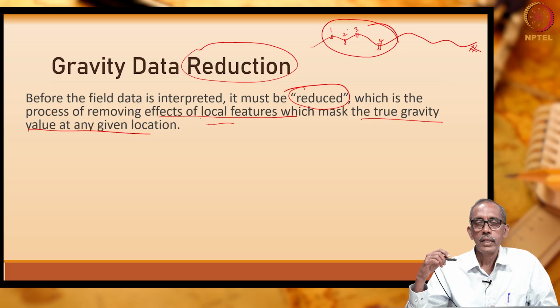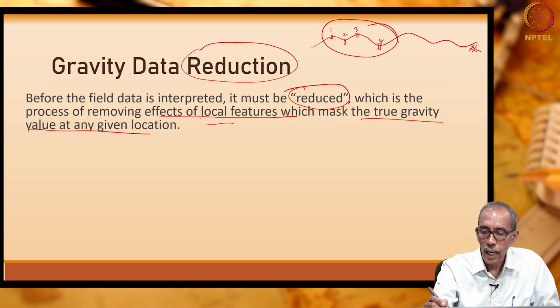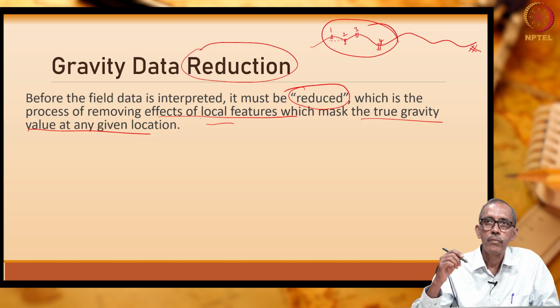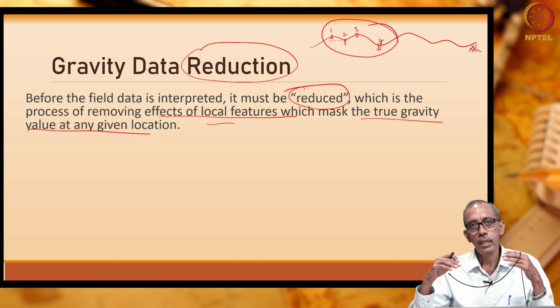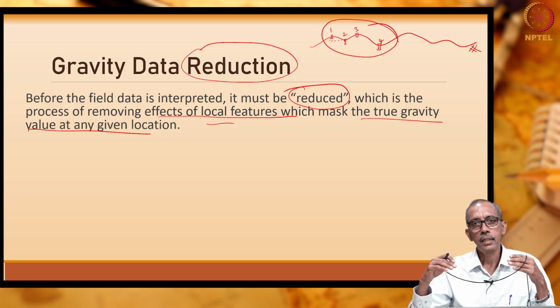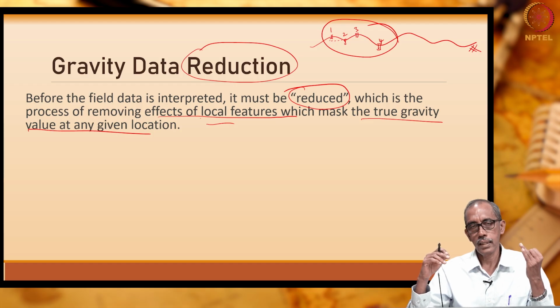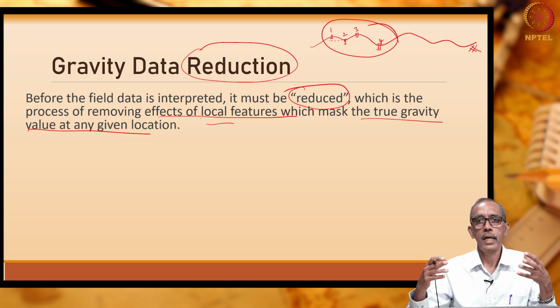And here we can see location number 1 is a little bit higher than location number 2, isn't it? So, the elevation difference between 1 and 2 itself will cause some variation in the acceleration due to gravity value measured at location 1 and location 2, isn't it? So, we are going to remove that.